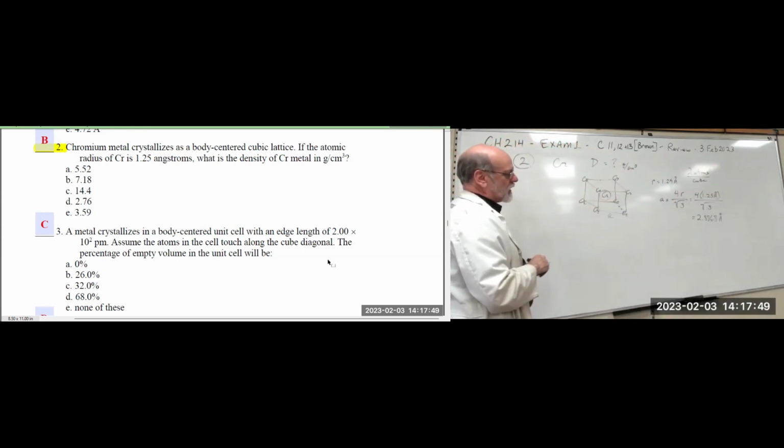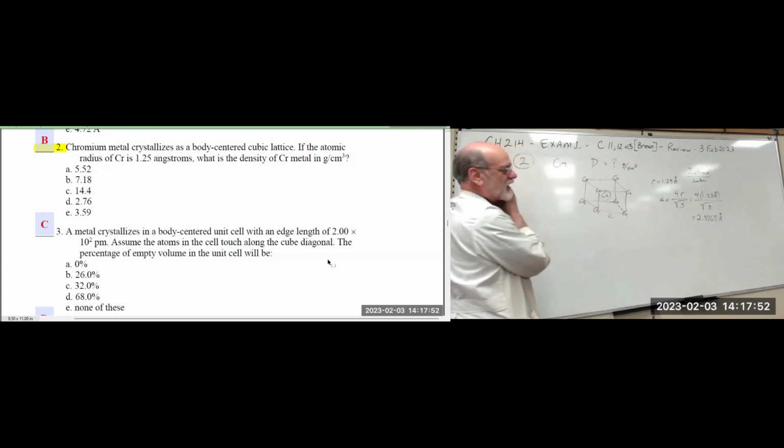Okay, and this is angstroms. So we have two approaches for the volume here. We can go ahead and cube this because it's an edge length, and cube that to give us cubic angstroms, or we can convert it to centimeters and then cube it.